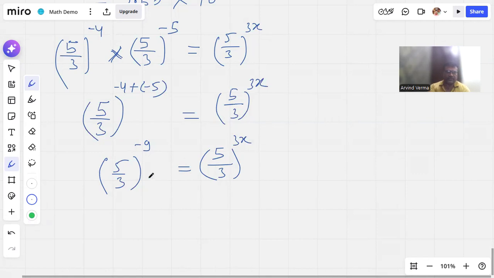Now the base is the same on both sides of the equality, so the exponents have to be the same. So 3x is equal to minus 9. So x is equal to minus 9 upon 3, that is minus 3. And that's your final answer.